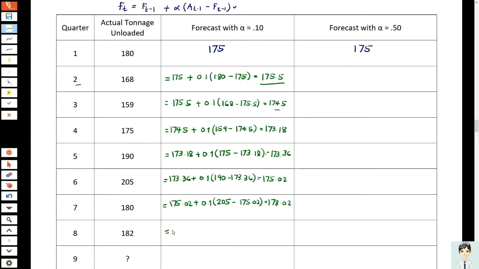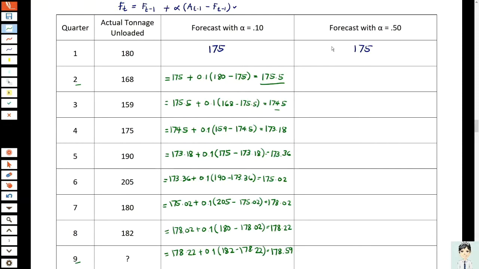Next, for the 8th quarter, 178.02 plus the smoothing constant of 0.1, the actual period, 180, minus 178.02 equals 178.22. Lastly, we identify our forecast for the 9th quarter, which is 178.22 plus the smoothing constant, 182 minus 178.22, is equal to 178.59. Are you getting it?